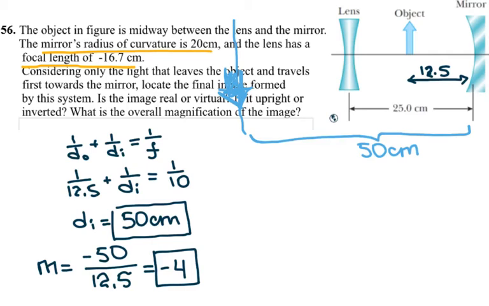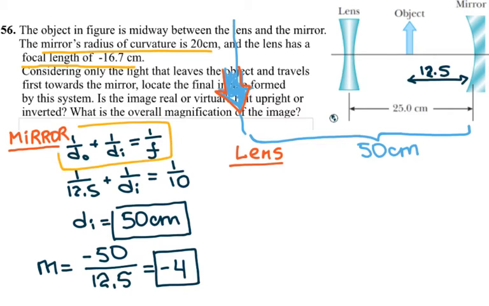And for the second part, this was for the mirror. Now for the lens. For the lens, we have this image as an object, and this object is virtual. So when I plug into my equation, the distance for the object is going to stay negative.